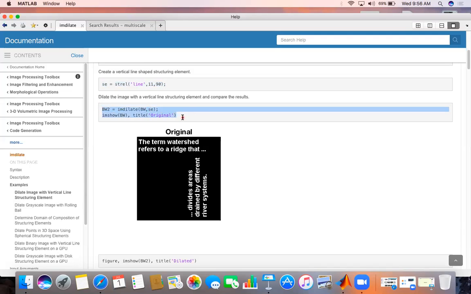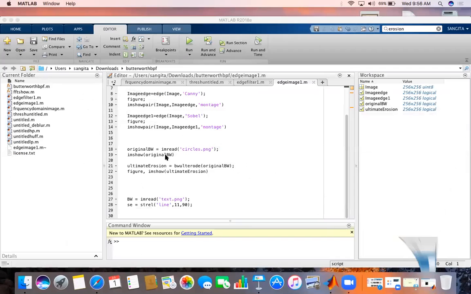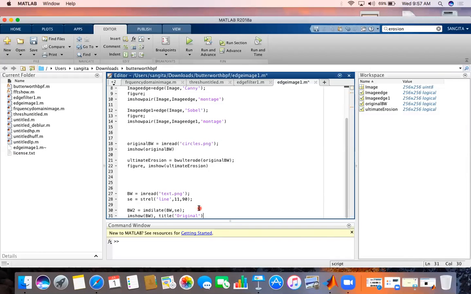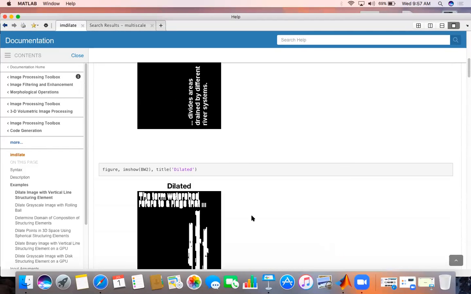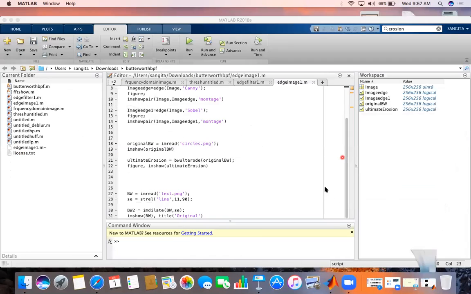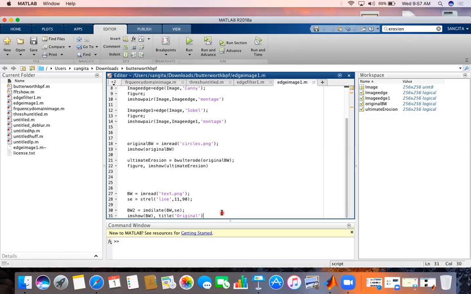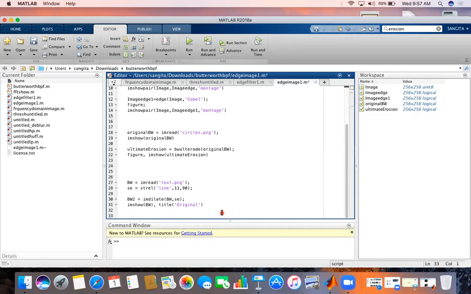So after dilation, how it is looking, it is showing over there. Dilation means the structure is enlarged. Therefore, there should be some extra pixels associated with that.